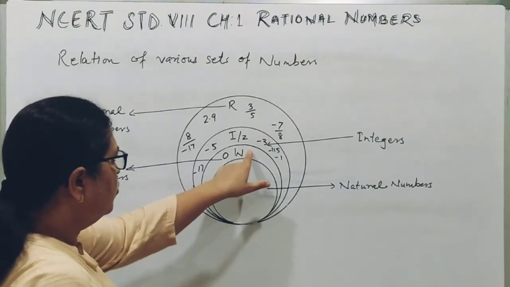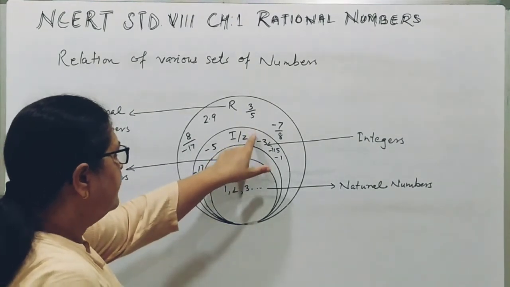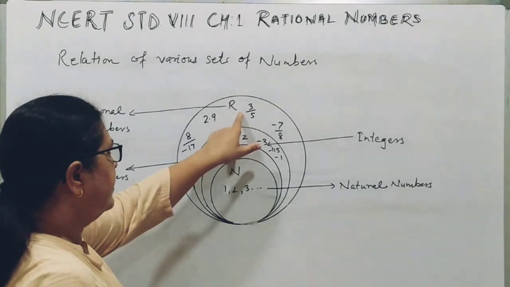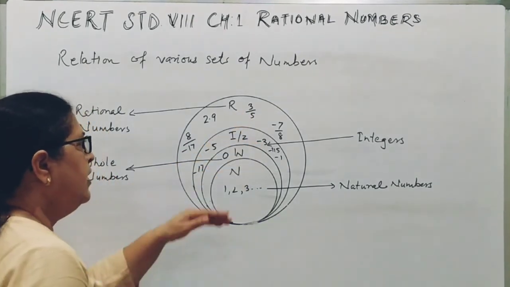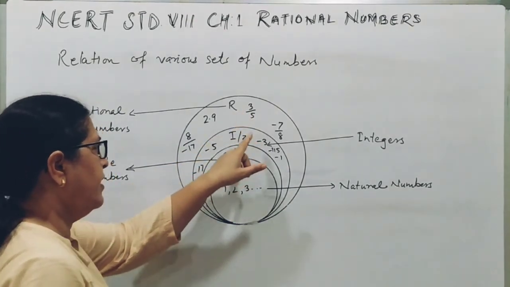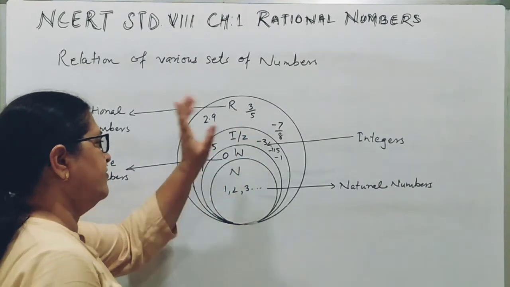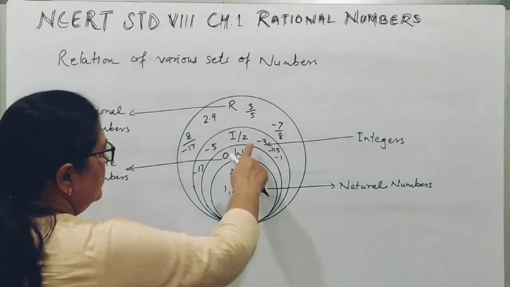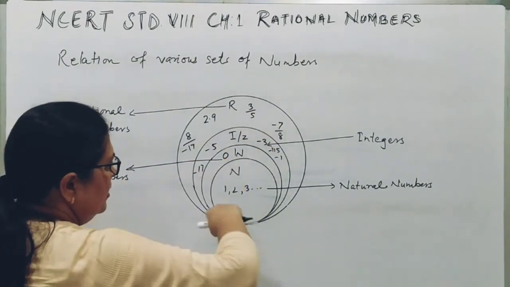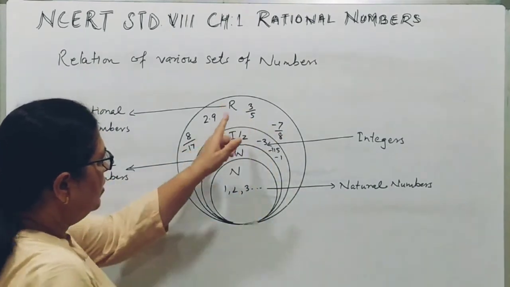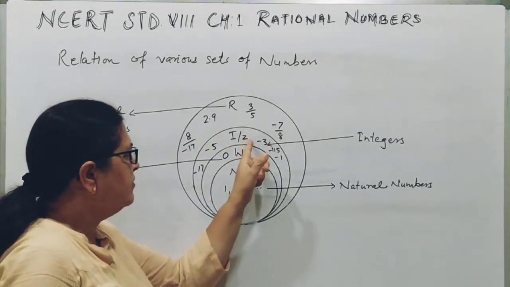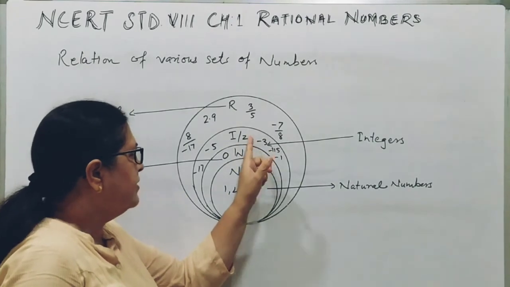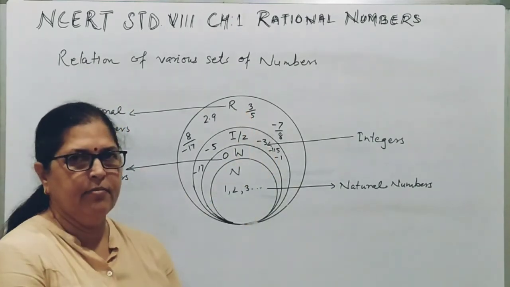Similarly, the set of whole numbers lies within the set of integers as well as set of rational numbers. It means all the whole numbers are integers as well as rational numbers. Next, the set of integers lies within the set of rational numbers. It means all the integers are rational numbers.